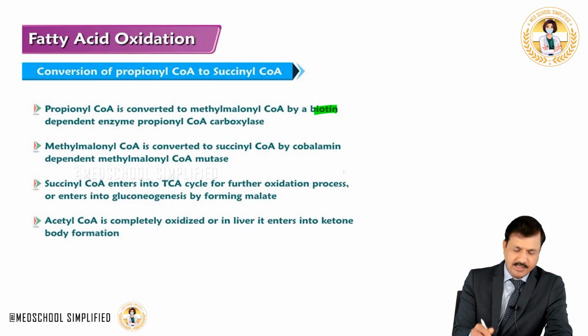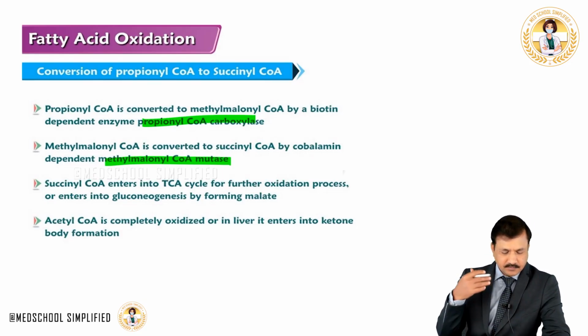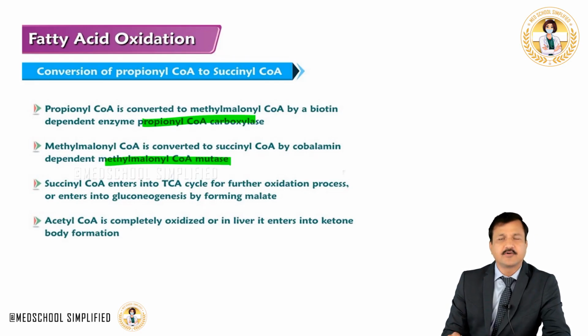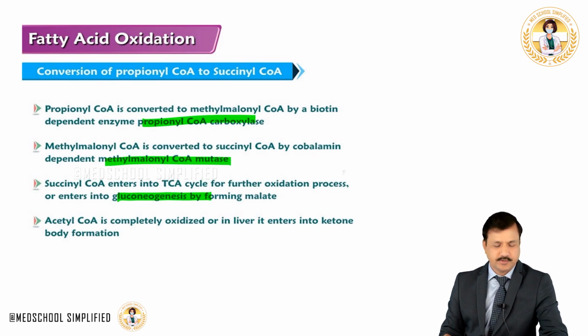So two enzymes here: one is propionyl-CoA carboxylase, the other is methylmalonyl-CoA mutase. Once we get succinyl-CoA, it enters the TCA cycle for further oxidation, or it can enter gluconeogenesis to make glucose.